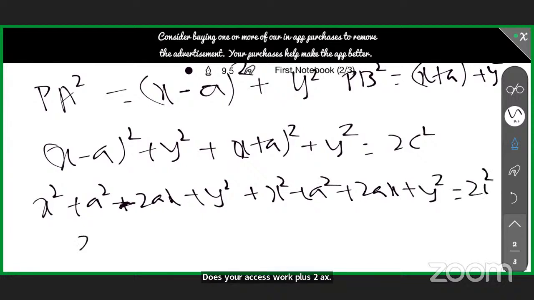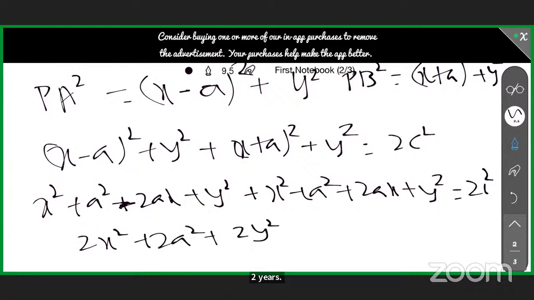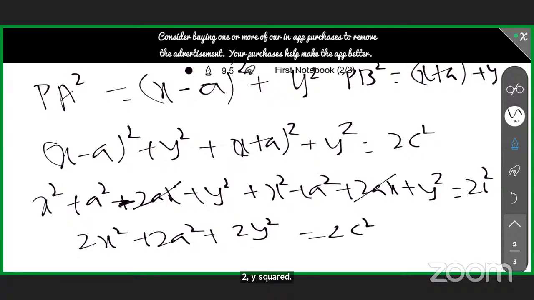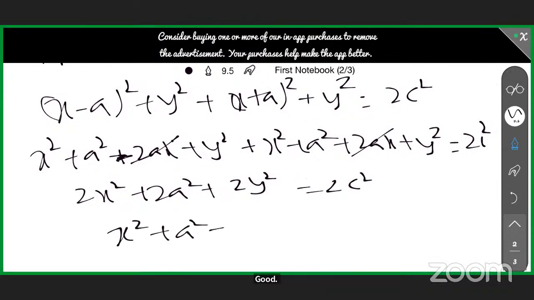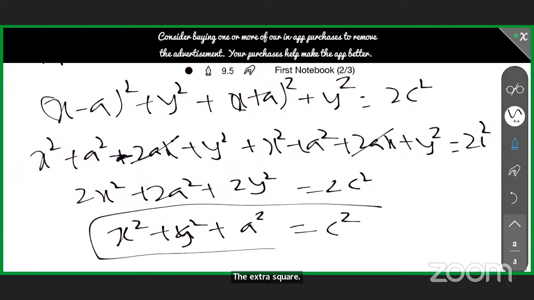The 2ax terms cancel, giving 2x square plus 2y square plus 2a square is equal to 2c square. If I take 2 common, x square plus y square plus a square is equal to c square.